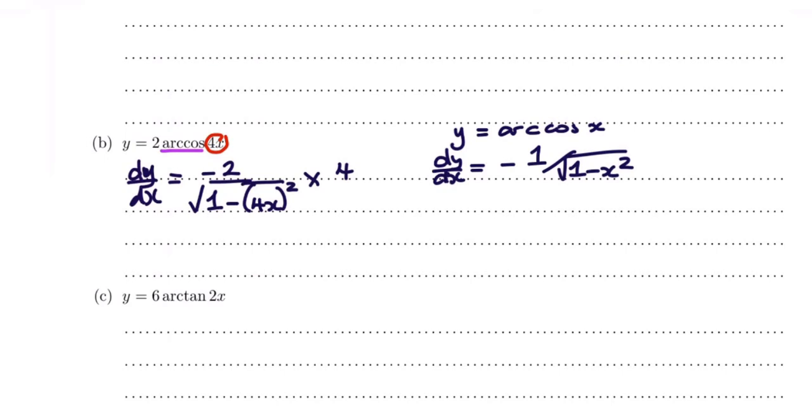So we get the 4 there, so you'll end up with -8 over the square root of 1 minus 16x squared. And that is that video.